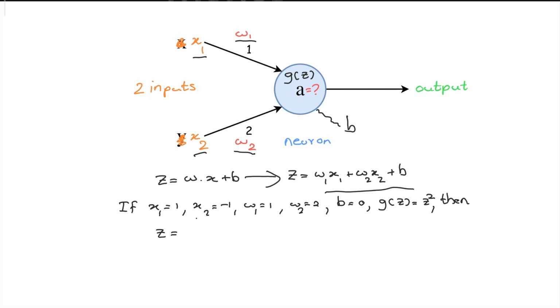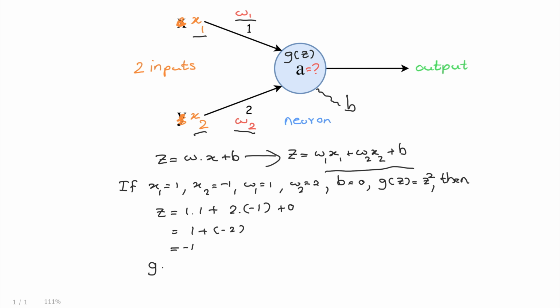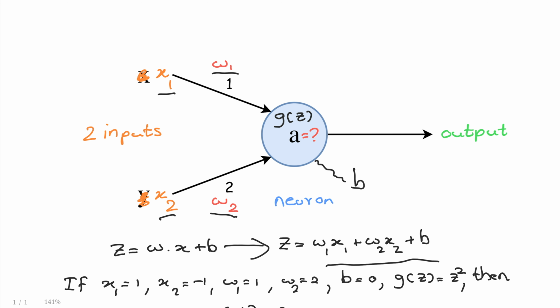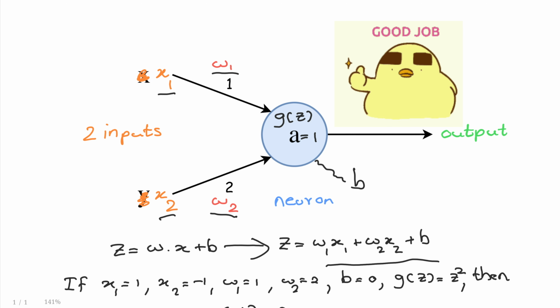Okay, now according to the new formula we have, we can calculate the value for z, which in this case is minus 1. Now we are going to apply the activation function, and the final answer is 1, which is also the result of neuron A. So yeah, that's it for example 2.